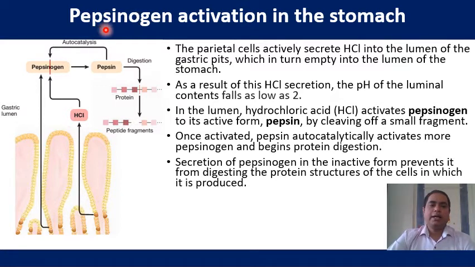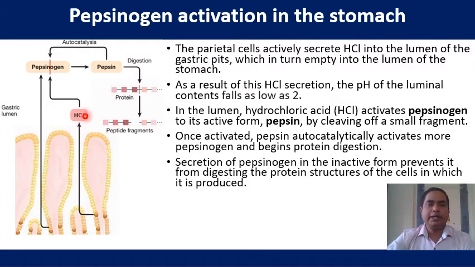So now we will learn about the pepsinogen activation in the stomach. Pepsinogen is activated by the action of HCl. We know that the pepsinogen is released by the chief cells and the HCl is secreted by the parietal cells. The parietal cell actively secretes HCl into the lumen of the gastric pits, which in turn empty into the lumen of the stomach. As a result of HCl secretion, the pH of the luminal content falls as low as 2.